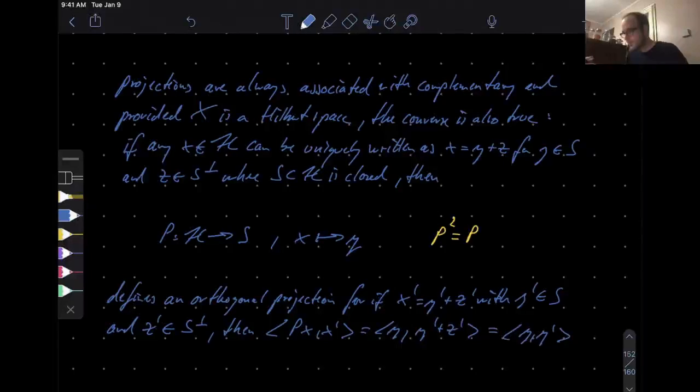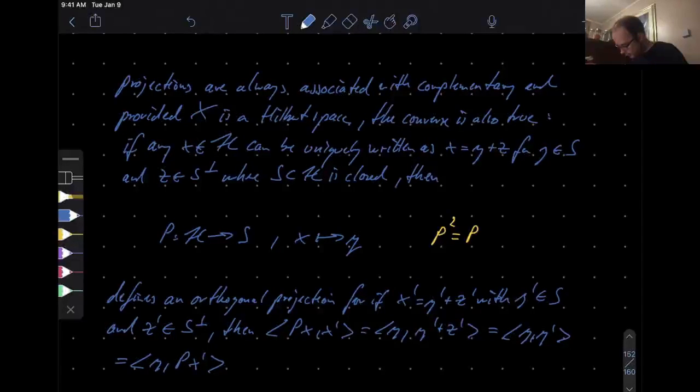Now I claim this is equal to the inner product of y with Px prime. I've used the definition of P here: if you apply the projection to x prime, which is y prime plus z prime, it will map it to y prime.